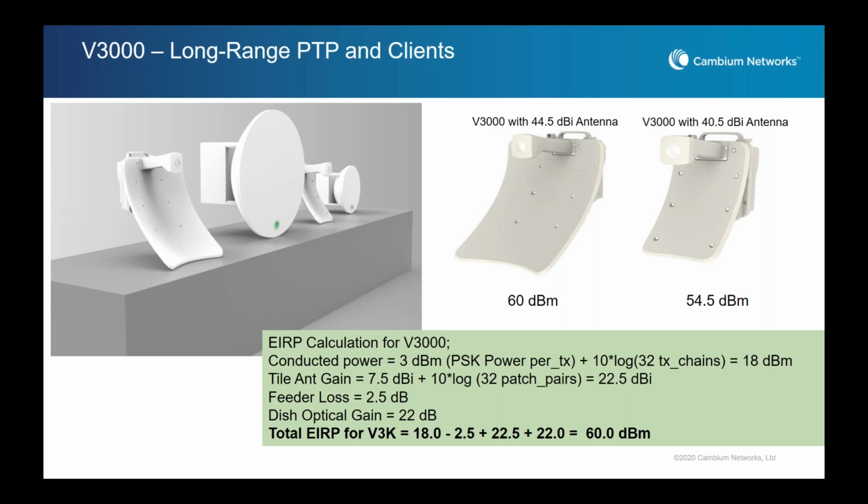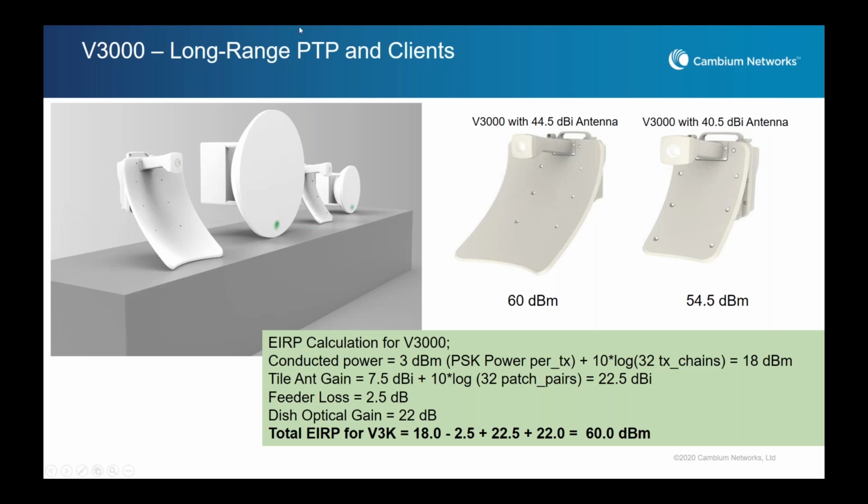Yeah, I just wanted to highlight here that most people producing a dish in 60 gigahertz just use a single transceiver, just a single patch pair. And the disadvantage of this is, I'm not going to go too much into the details, but Cambium Networks has some really highly skilled antenna designers, and as far as beamforming is concerned, you look at something like the 450M, you understand we're the world leaders in antenna design and beamforming.